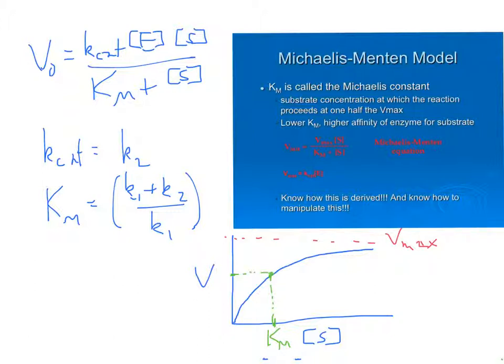So it's usually the one that tells you how efficient your enzyme is with that substrate. Vmax doesn't, because just because it can go fast doesn't mean it's really efficient. It can be sloppy, so to speak.